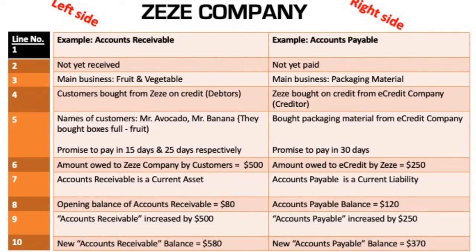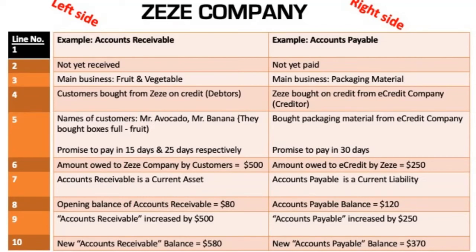Let us say the company that has been approached by Zeze company for a particular service is called e-credit company. Now we have Zeze company and e-credit company. Zeze company approaches e-credit company and says, I know you are selling packaging material, which I really need.